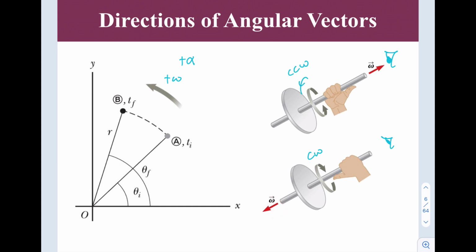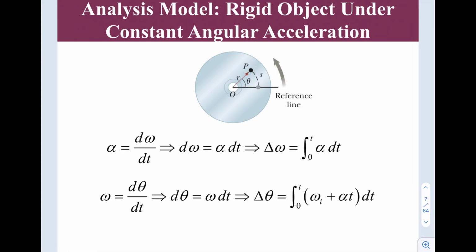Your thumb will be pointing to the direction of your omega, which is to this direction. But if we consider only 2 dimensions, x and y axis only, take omega in terms of counterclockwise direction as positive. If it is clockwise direction, then your omega will be in negative direction. It goes the same for alpha.